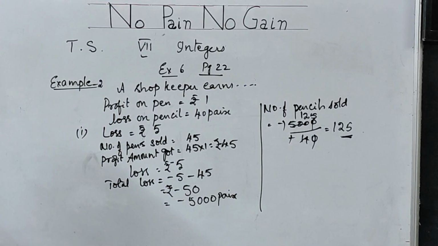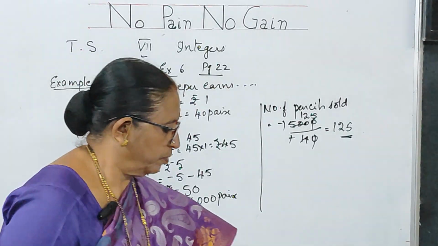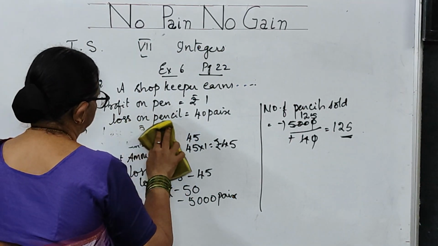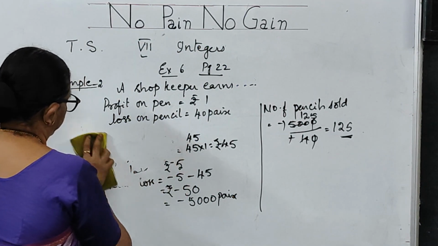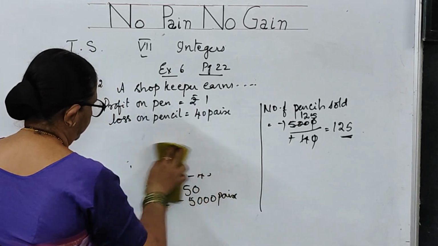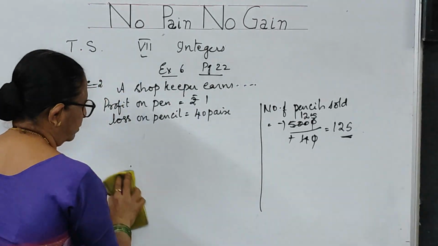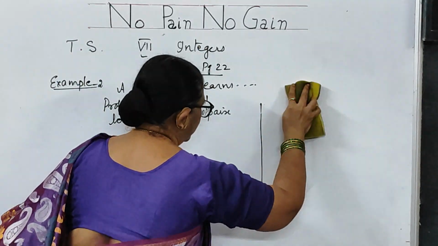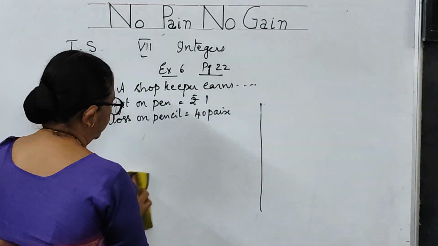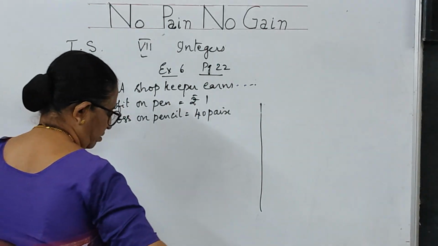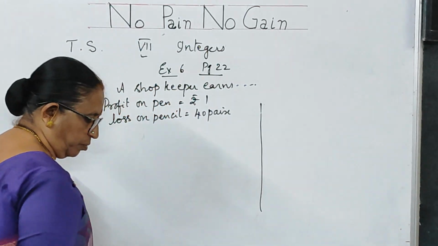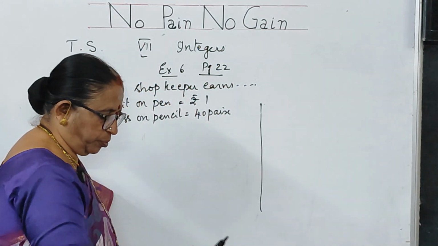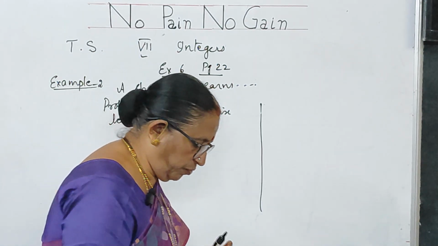Now, let us go to the next problem. The next bit in this is dealing with no profit, no loss. What does the problem say? In the next month, she earns neither profit nor loss if she sold 70 pens.